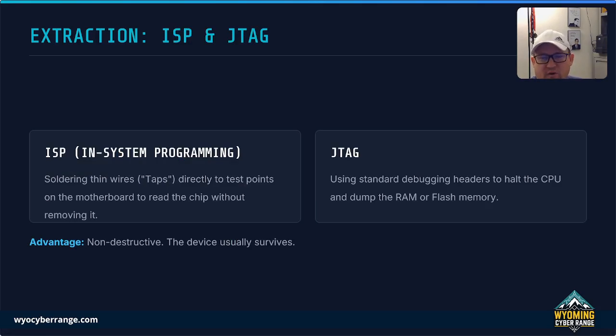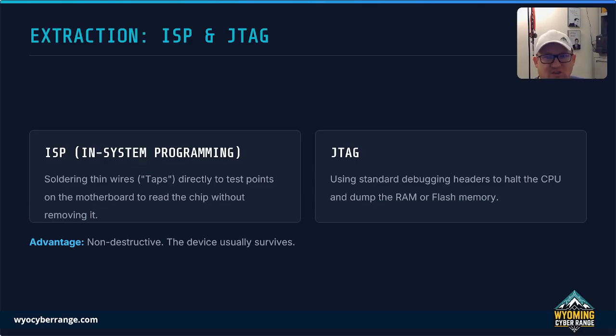Now, before resorting to chip-off, we often prefer non-destructive hardware methods where the device survives. So ISP, or in-system programming, involves soldering microscopic wires directly to the test points on the motherboard to read the chip without removing it. Alternatively, if the board has JTAG headers intact, we may even emulate a JTAG system to physically halt the CPU at the command and dump the entire RAM and flash to us.